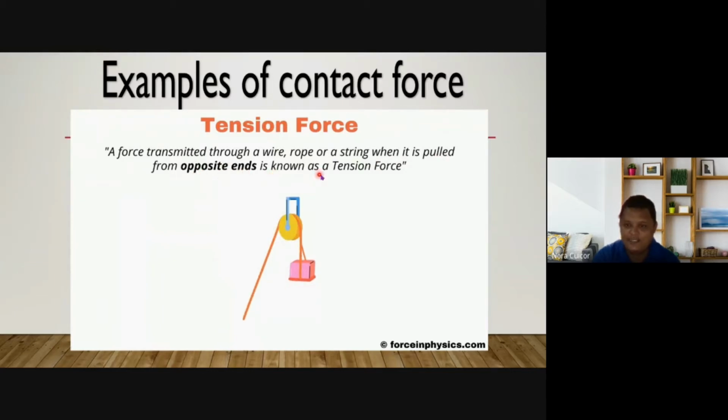Now look at the object. They are using a rope, or a string, or a wire to pull the object. That is tension force. The force acts in this scenario as a tension force. Tension force is an example of contact force.